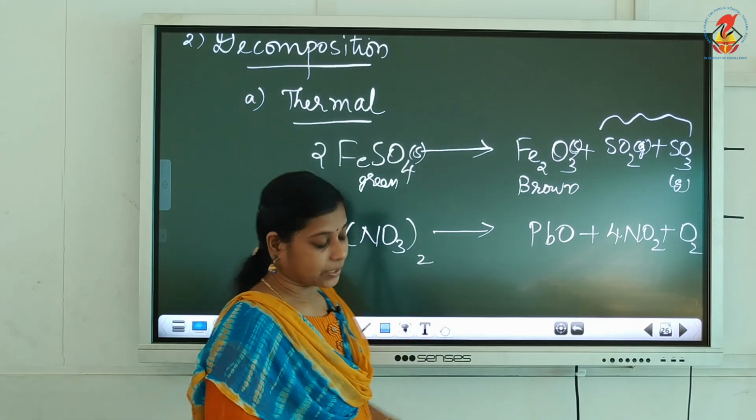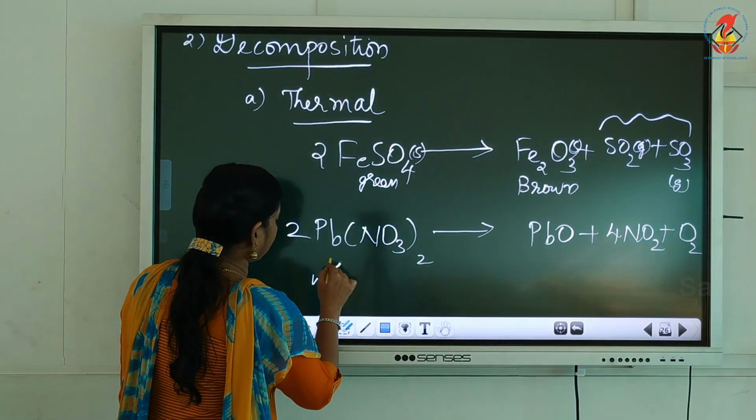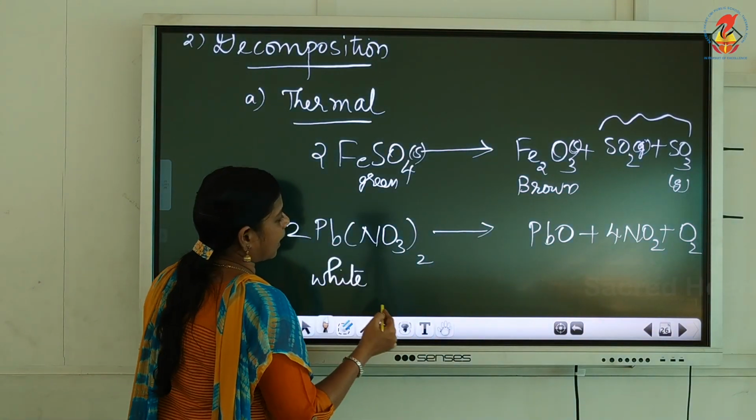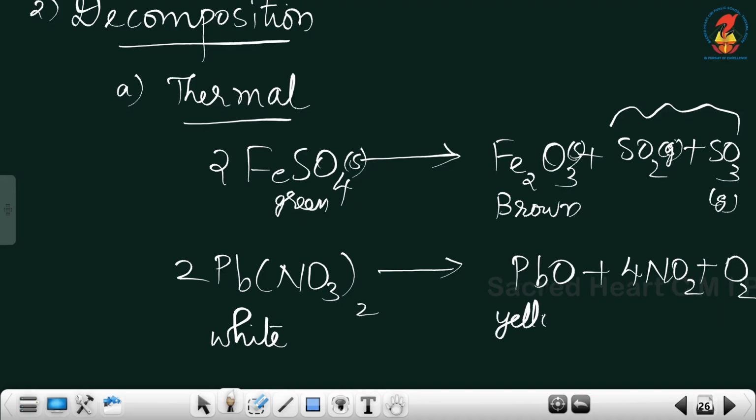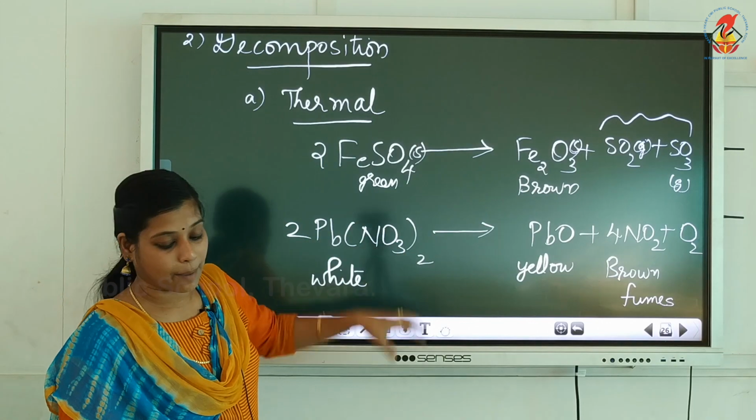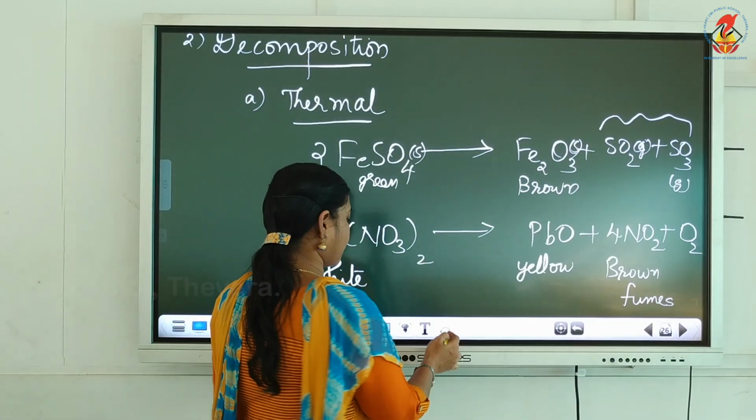Lead nitrate, which is white in color, gives yellow colored lead oxide, and reddish brown fumes of nitrogen dioxide will be produced there. So we can observe that a reaction has happened. This is also an example of a thermal decomposition.